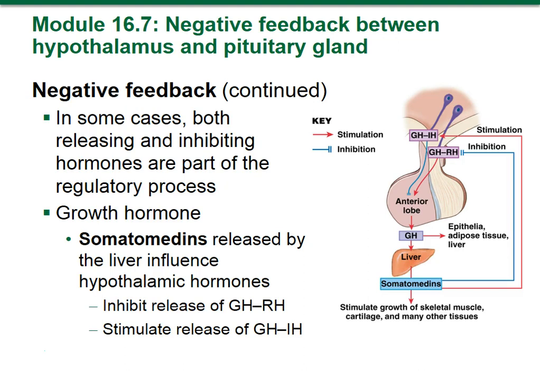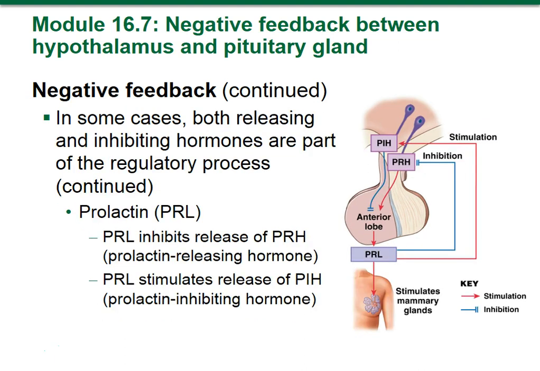And you see in that case, it makes it stronger, because not only are you stopping the releasing hormone, but you're stimulating the inhibiting hormone. Prolactin is an example. Prolactin inhibits release of prolactin-releasing hormone, but it stimulates release of prolactin-inhibiting hormone. Again, it gives you a stronger reaction.